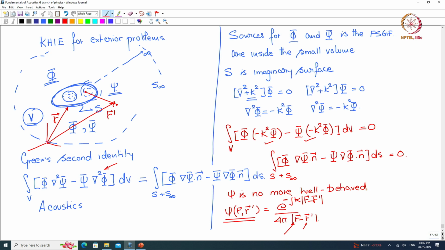So psi is not well behaved. Okay, and so we do the same thing here. We enclose this r dash with a small volume of epsilon radius, a sphere of epsilon radius.